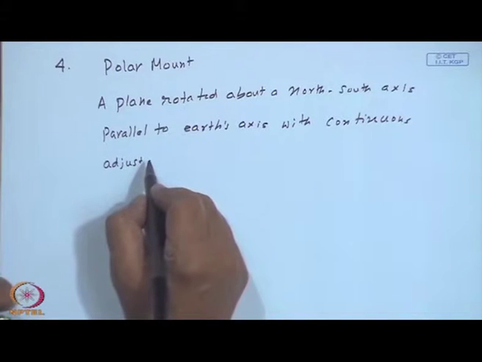So, we have got a north south axis, but tilted parallel to the earth's axis, and rotate the plane under consideration in the direction opposite to that of the rotation of the earth at the same speed as the rotation of the earth.